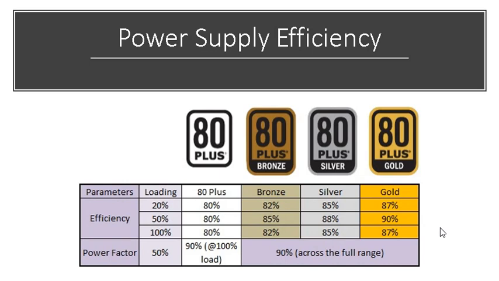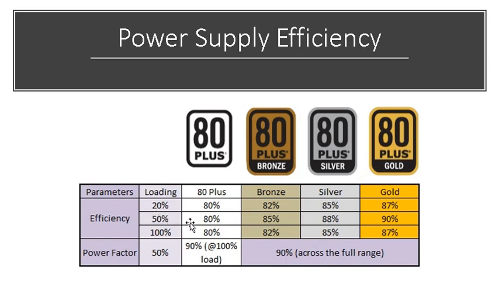And then sometimes people think, okay, I'm going to go way over what I need. When you go way over what you need, you go to the lower part of the loading, which is 20%, and again, your efficiency will be very low. So you want to avoid getting too powerful a power supply for your system, or exactly the same amount that your system needs, because you don't want it to fail.